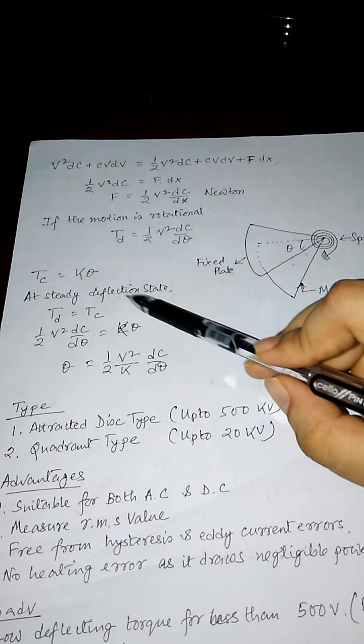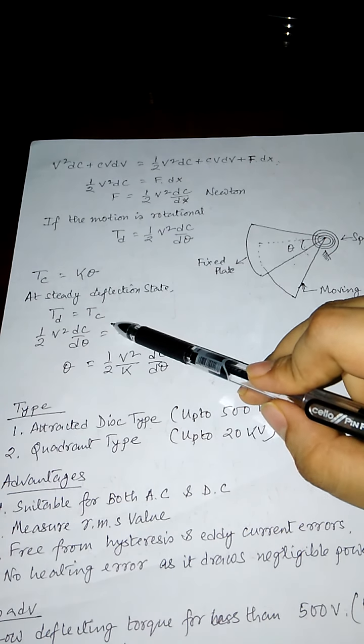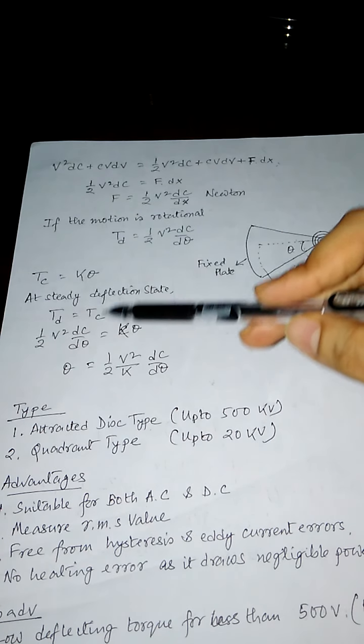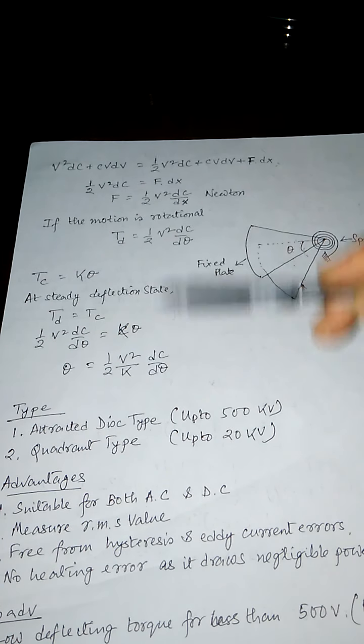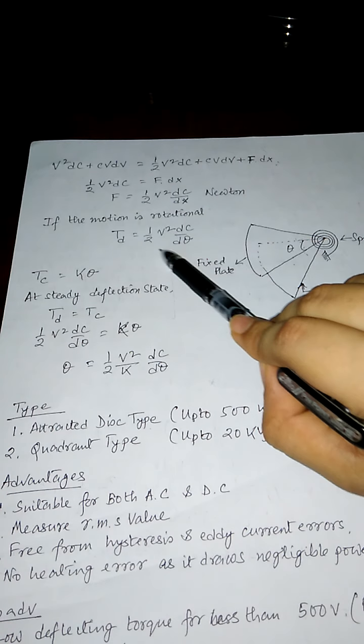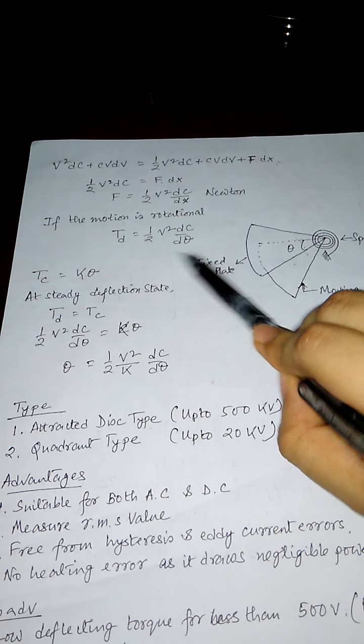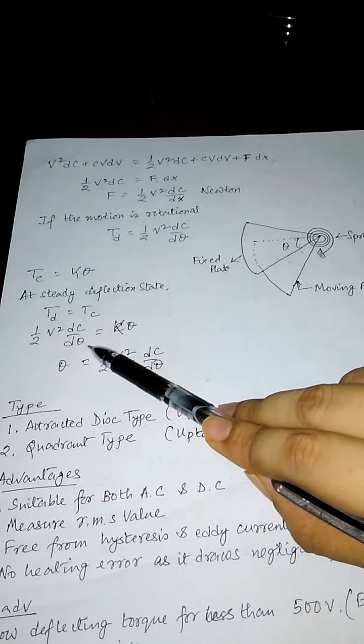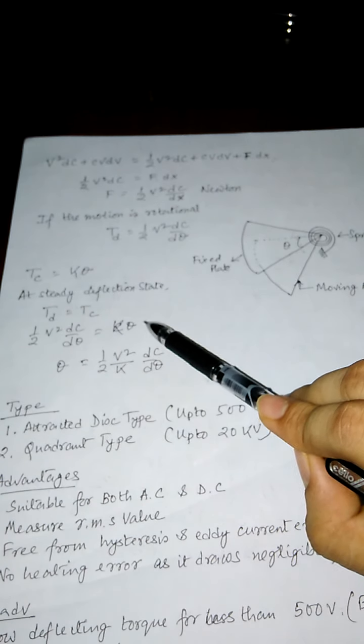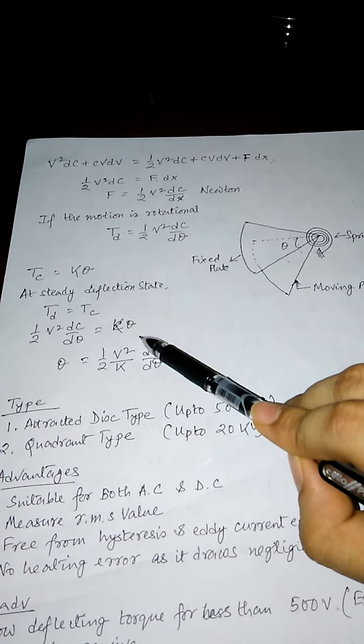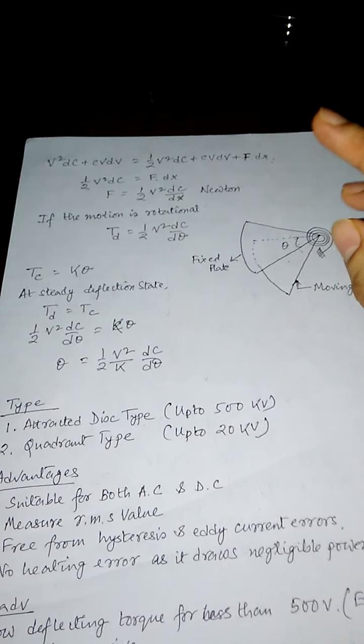So at the steady deflection state, what happens? Td equals Tc. So half V square dC by d theta equals k theta, because Td is already half V square dC by d theta, and Tc equals k theta. Then theta will be half V square by k times dC by d theta.